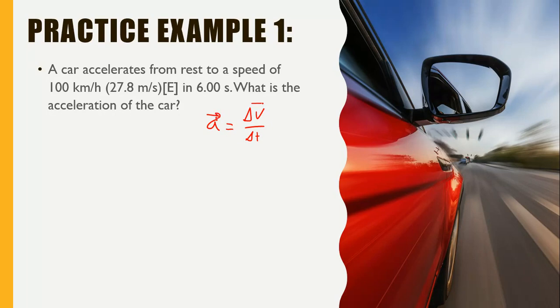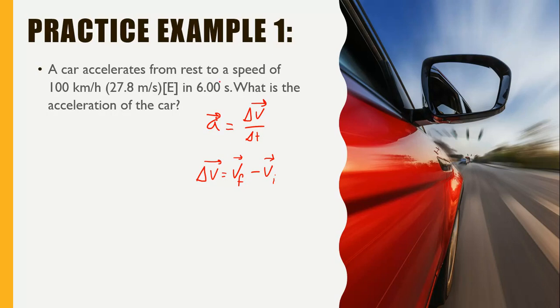So remember, you guys, as I mentioned last time, delta can be expanded out into final minus initial, okay? So delta V can also be represented as velocity final minus velocity initial, okay? So keep that in mind, because remember, acceleration is a change in velocity. So anytime we see that delta sign, we can always expand it into final minus initial.